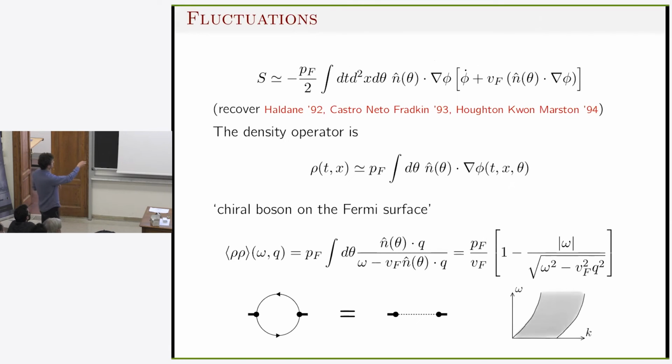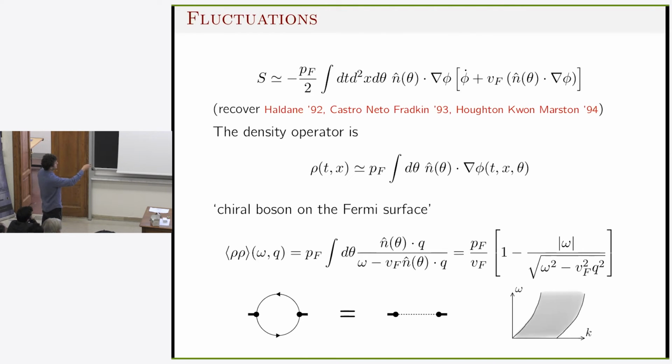Here I'm in 2+1 dimensions. It depends also on the angle theta. We got localized to the Fermi surface because F0 is a step function, so its derivatives are delta functions. And basically what it looks like is, at every angle theta, it looks like a chiral boson; n hat is a unit vector perpendicular to the Fermi surface.